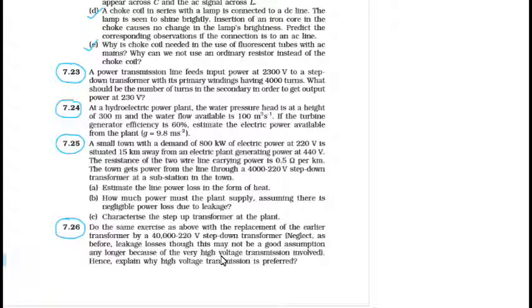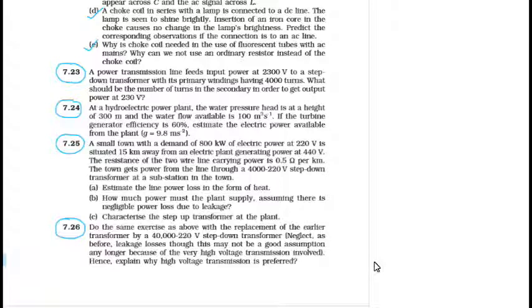Neglect as before the leakage loss, though this may not be a good assumption any longer because of the very high voltage transmission involved.